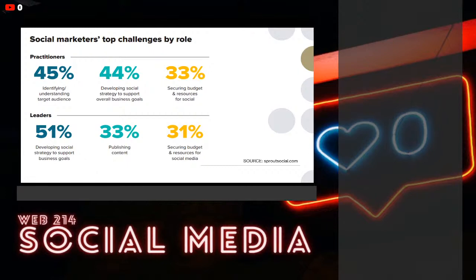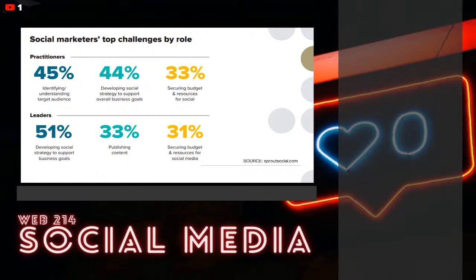And 51% of the leaders identified developing social strategy to support business goals as one of the biggest challenges. When we're talking about leaders here, we're talking about people in a management role. So we're not necessarily talking about people who are actively working in social media, but they're managing social media practitioners. So their goals and their ideas are different.